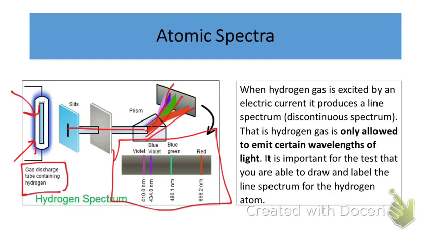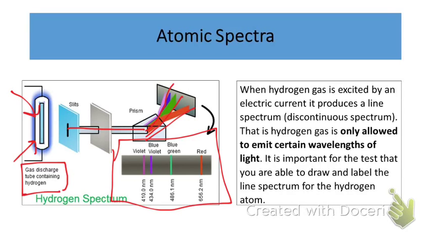For hydrogen, I will expect you to know the line spectrum, and you need to know this for the quiz over this lesson. Hydrogen has the ability to emit 4 different colors, or in other words, 4 different wavelengths of light.